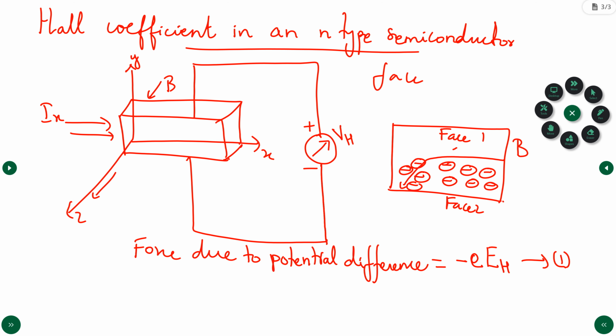Then the force due to the magnetic field is given by minus B e into v. B is the magnetic field, e is the charge of the electron, and v is the velocity of the electron. This is equation number 2. So at equilibrium condition, these two forces are the same.